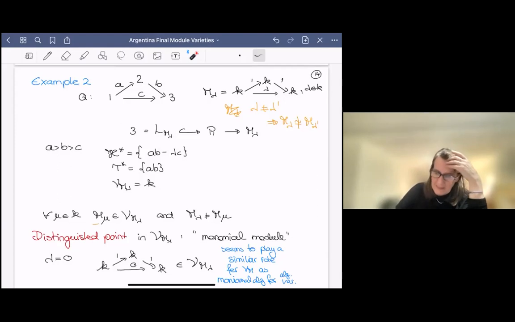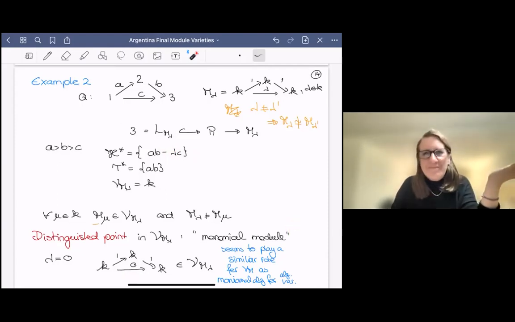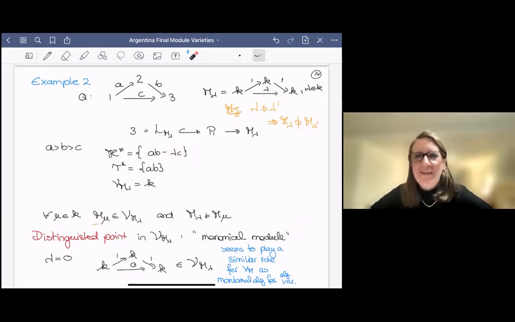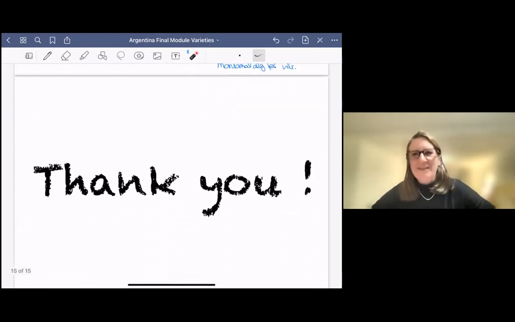However, because the Gröbner basis is so much easier, being just given by monomials, these monomial modules have properties one can study more easily. So not much is known, but I believe one should be able to say a lot about them. And hopefully we will do that, or maybe somebody's interested in them, and then I would be very happy if somebody wanted to look at that. So thank you very much for listening.